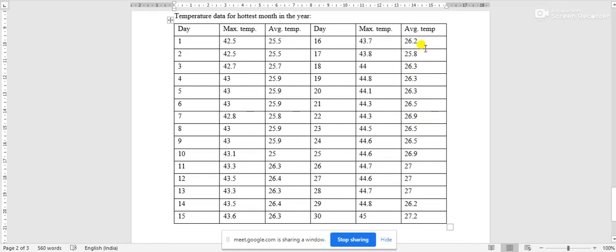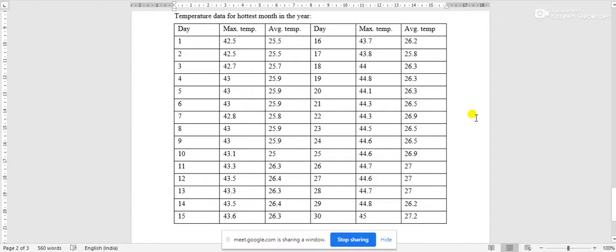That is the mean of average daily temperature. And you have to calculate the mean of maximum daily temperature in the same way: add all these 30 maximum temperatures and divide it by 30. That is the mean of maximum daily temperature.